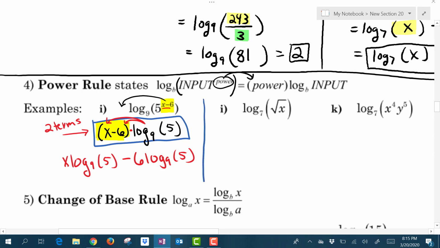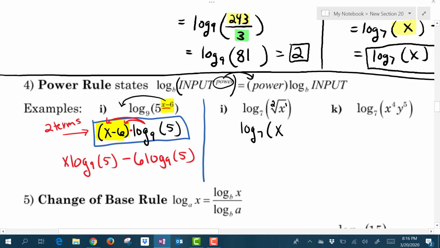Alright, log base 7 of the square root of x. We can write the square root of x as an exponent when we have an index on a radical and a power on the input. One of the things that we want to do before we start using the power rule is to convert radicals to exponents.